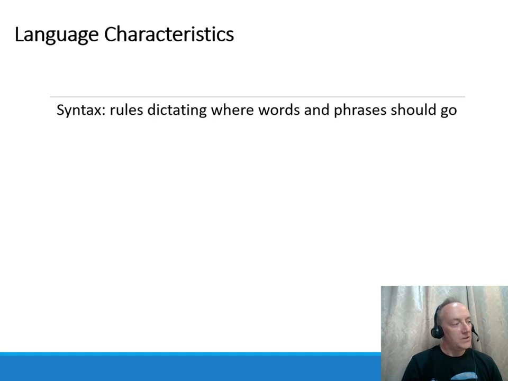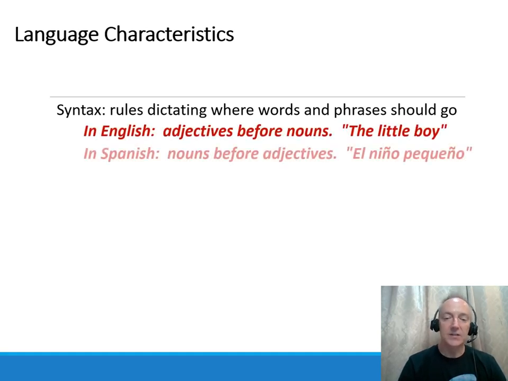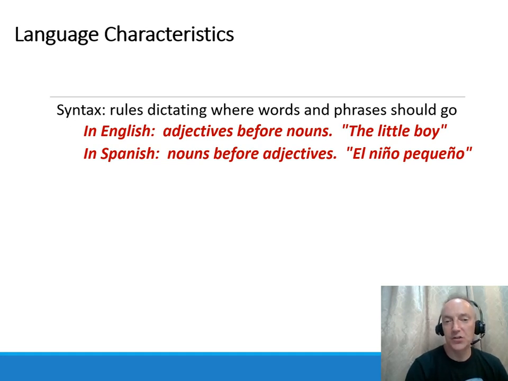So languages, like we said, have rules which govern them. So syntax is the term we use for the rules that tell us where words and phrases should go in that language. So again, to use my Spanish example, Spanish has things in common with many other languages.